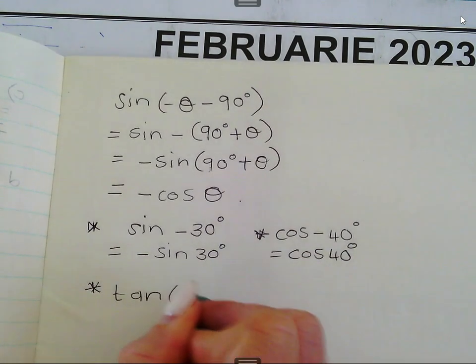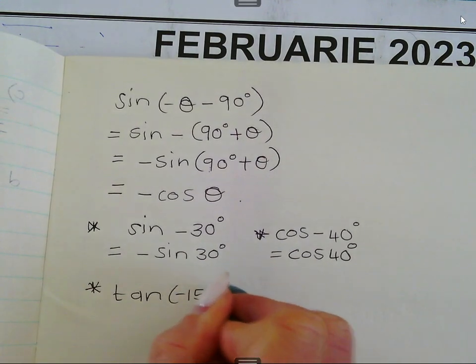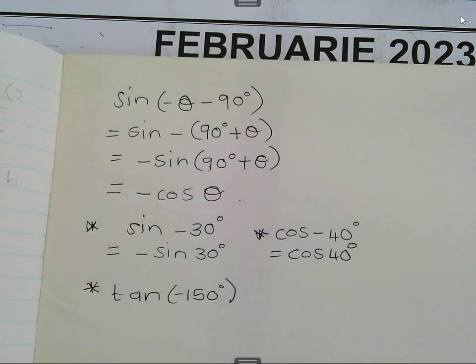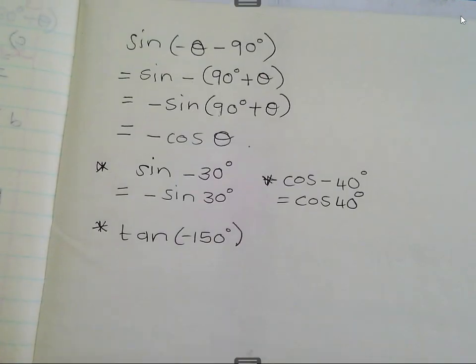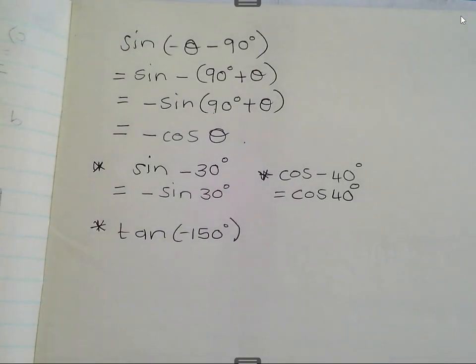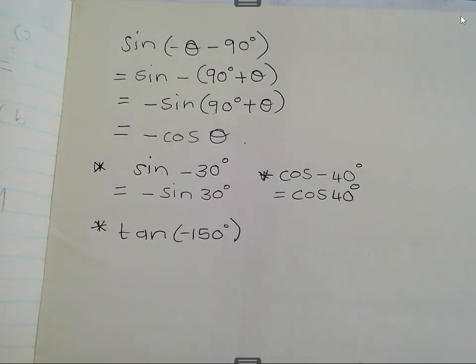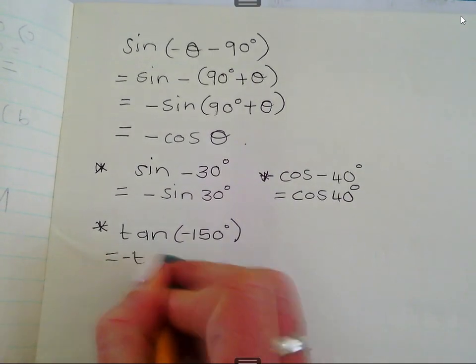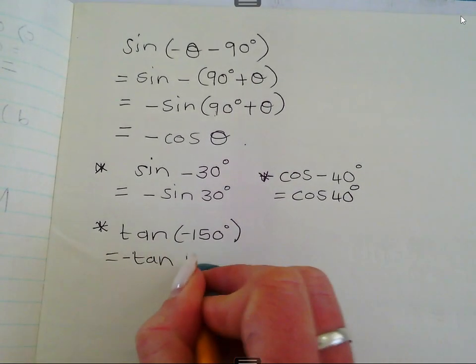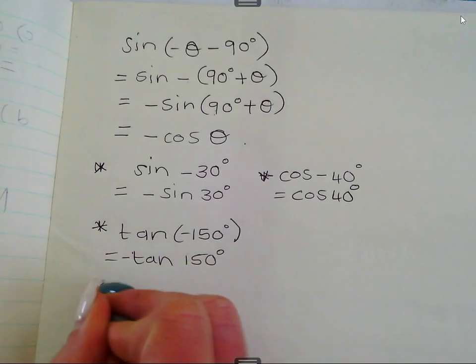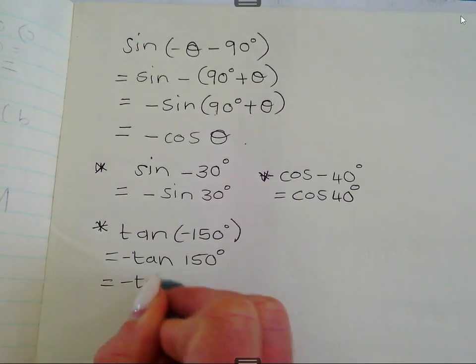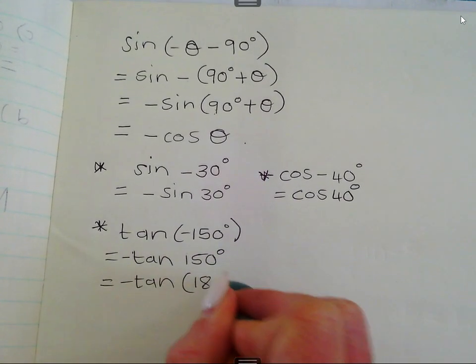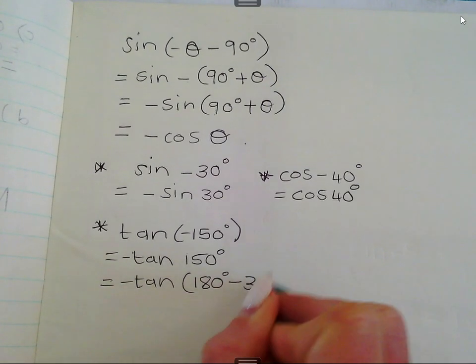The tan of negative 150 degrees. Let's do it step by step. First step, you get rid of that negative which you don't want. What is the tan of a negative? Negative tan 150. Next. Good job.